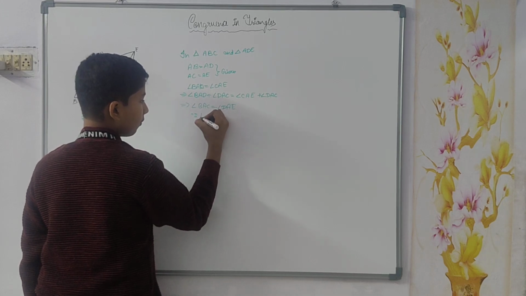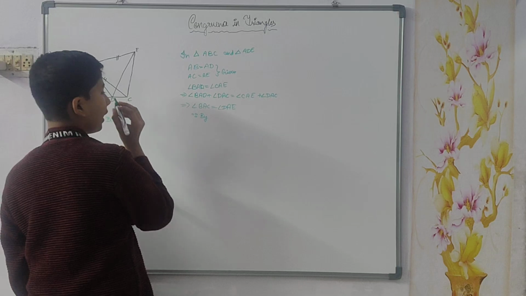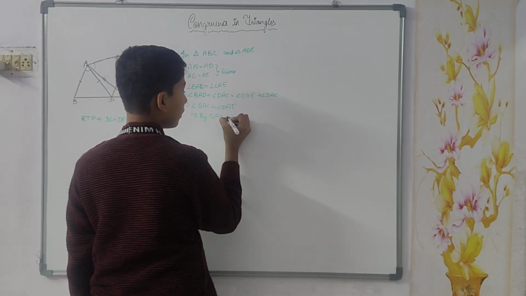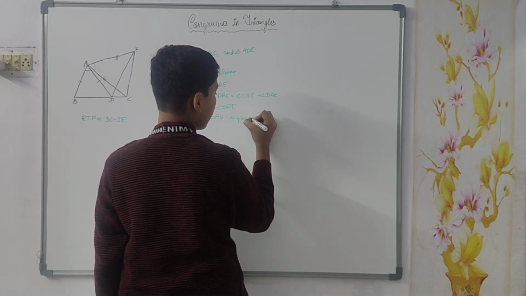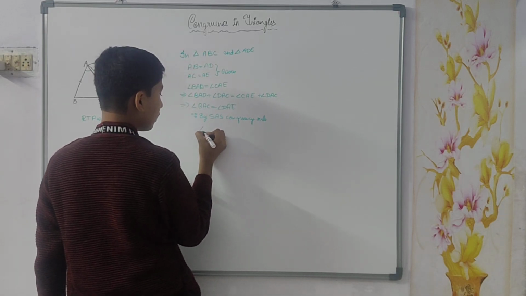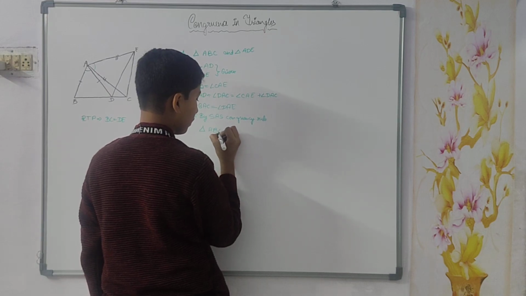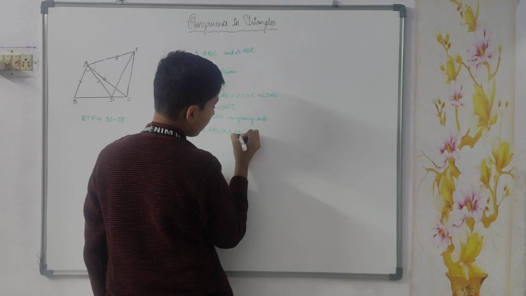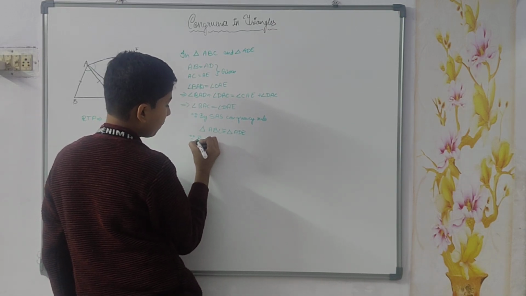Therefore, by angle between two sides, meaning SAS congruency rule, triangle ABC is congruent to triangle ADE.